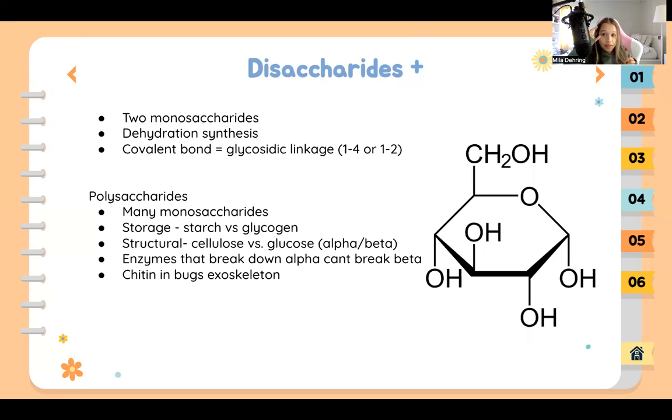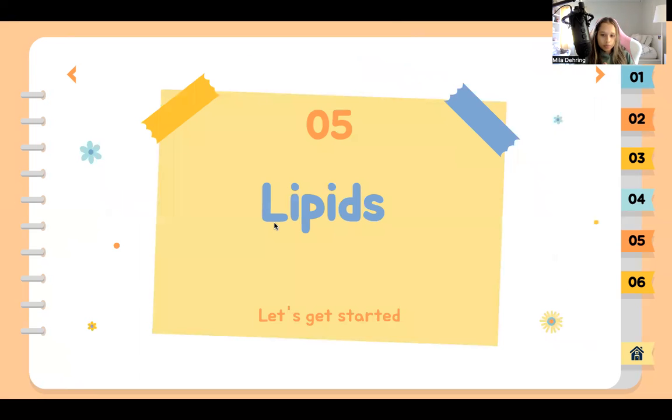These are covalent bonds, and when you covalently bond carbs via dehydration synthesis, that's called a glycosidic linkage. There's a 1 to 4, 1 to 2 relationship, but you're not really going to need to know that for biology. If it is for chemistry, then you're going to want to look back at that, but we don't need to worry about that.